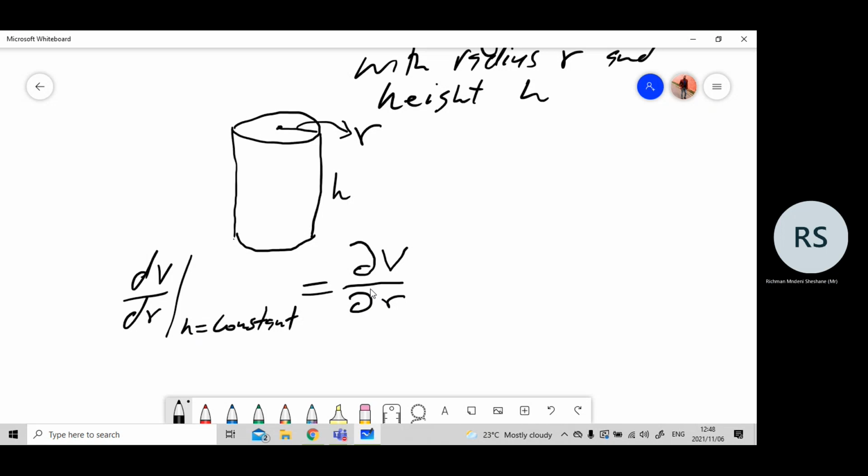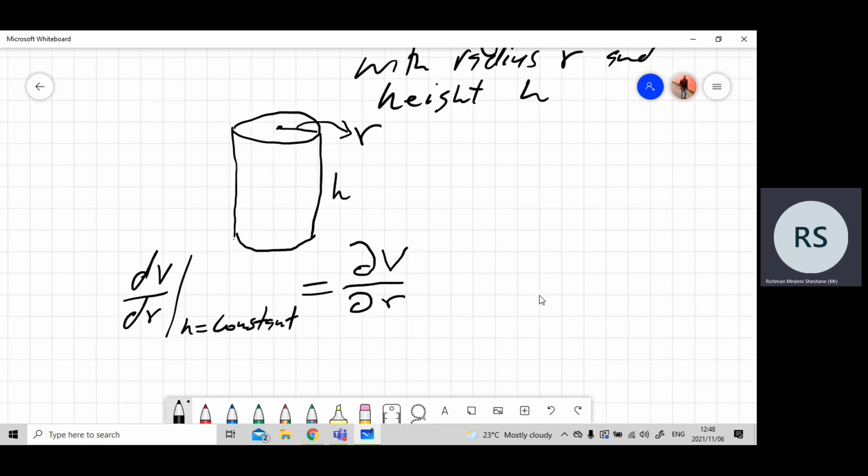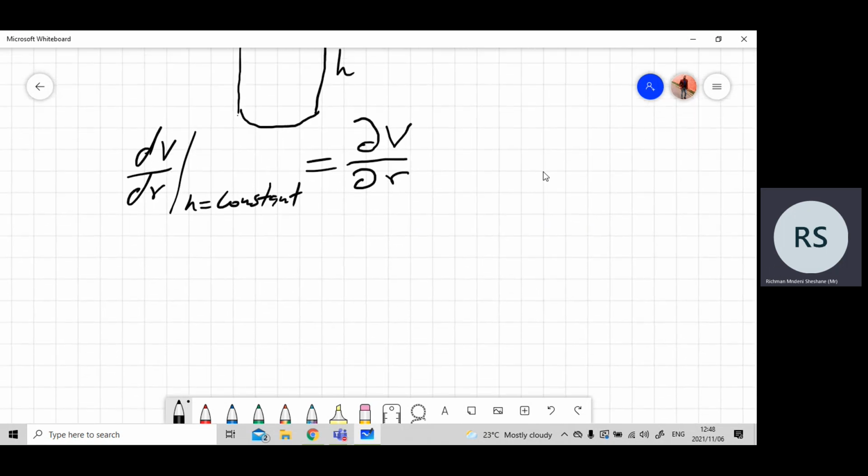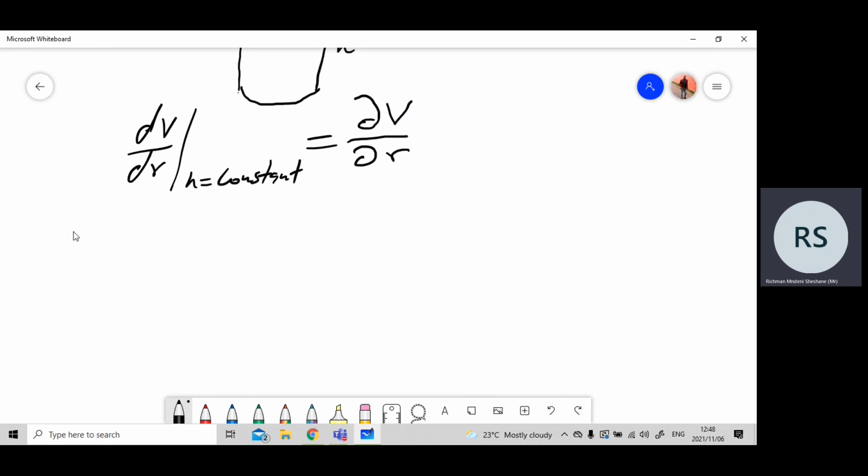Okay? So let's find the derivative of V with respect to r while we leave h as constant. Let's go back to the volume of a cylinder. The volume of a cylinder, we said, is given by pi r squared times h. So what will be the partial derivative of V with respect to r? So h is a constant, and pi also is a constant, it's a number, right? So we're just going to go straight and derive r, because we're deriving V with respect to r.